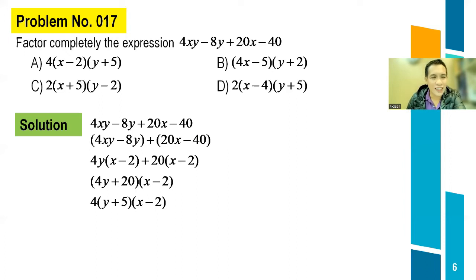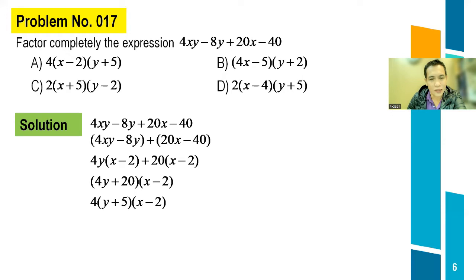We group the first and the second, and the third and the fourth: 4xy minus 8y plus the group 20x minus 40. For the first group, we look for the common monomial factor, which is 4y. 4xy divided by 4y is x, minus 8y divided by 4y is 2.